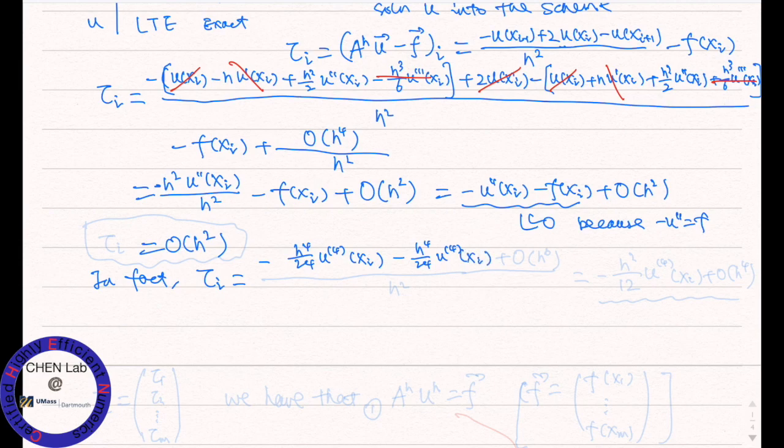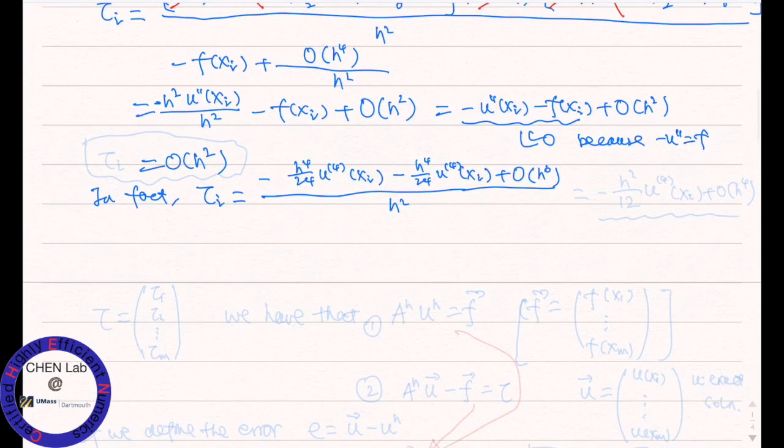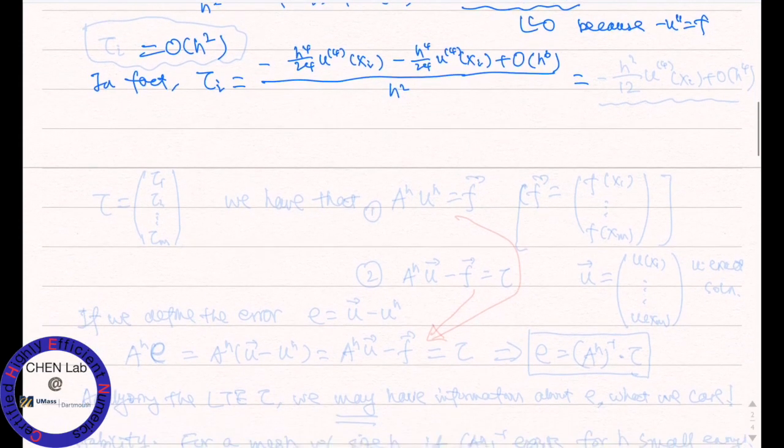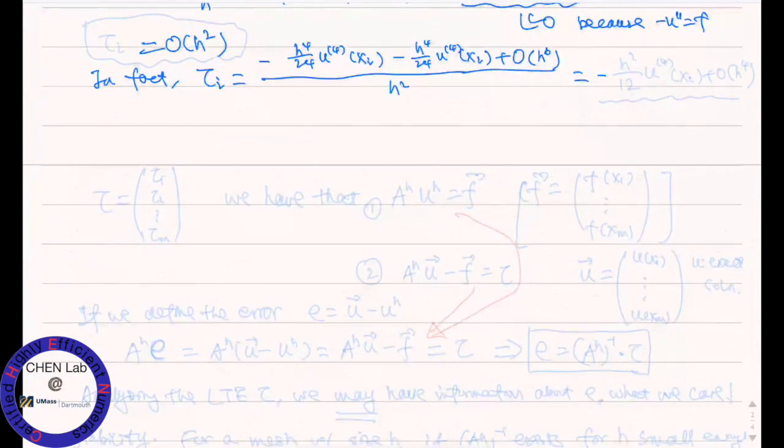Then the h to the fifth term would cancel again, so we have h to the sixth left, and this divided by h squared, plus h to the fifth cancel. We only have h to the sixth left. Okay, so if we want to expand a bit more, this is actually equal to negative h squared over 12 u to the fourth derivative at xi plus order h to the fourth.